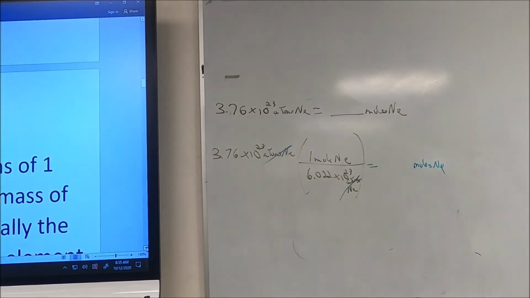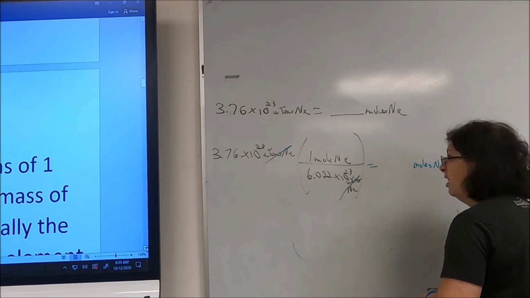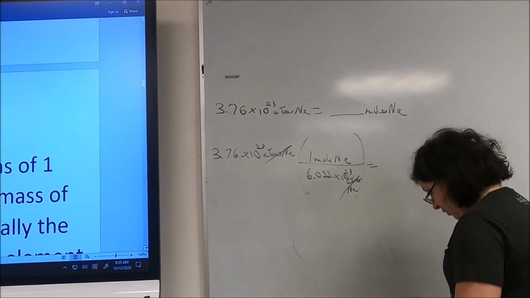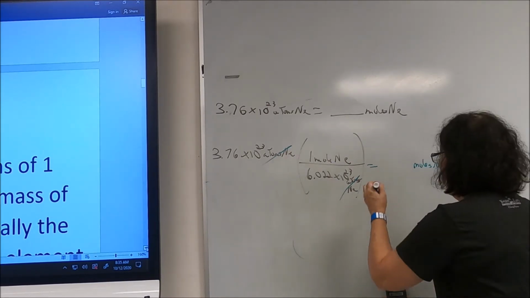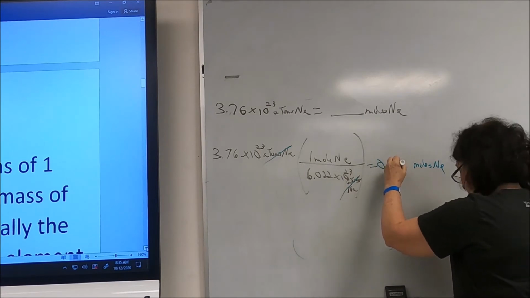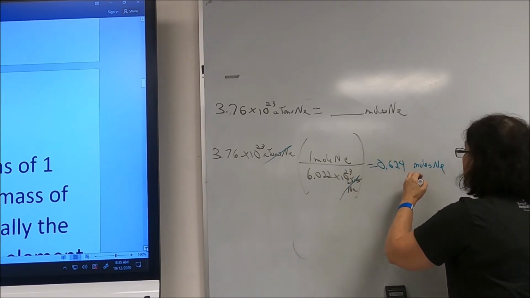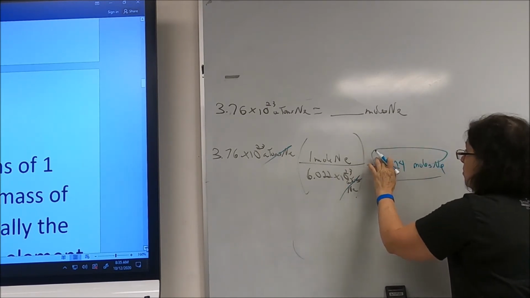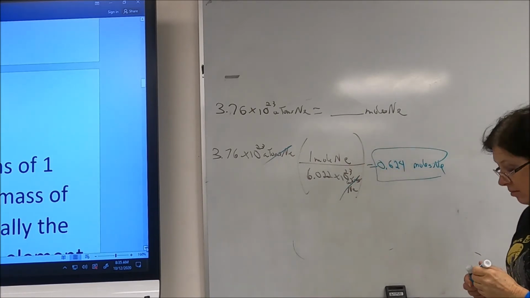So 3.76 exp23 divided by 6.022 exp23, and I get an answer, 3 significant figures, of 0.624 moles of neon.